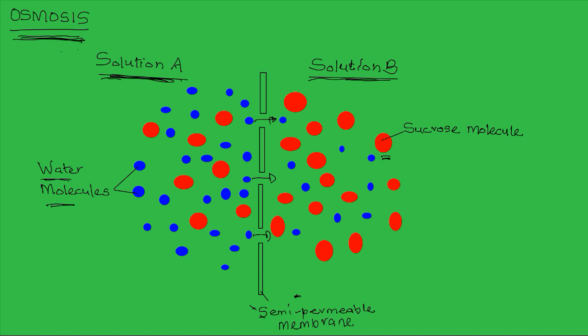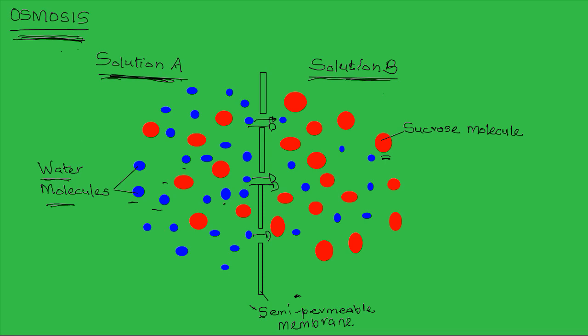Because of this semi-permeability of the membrane, only water molecules will diffuse across. Osmosis is therefore a special type of diffusion because it's only the water molecules that are diffusing across and not any other molecule.